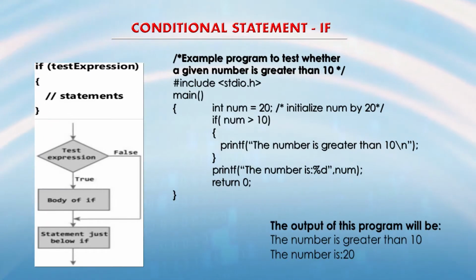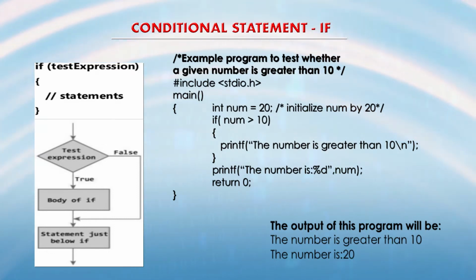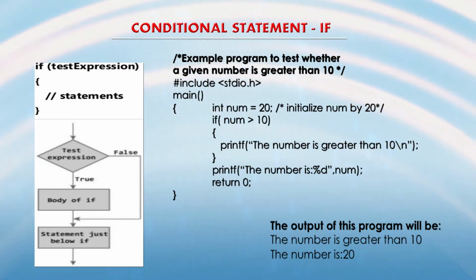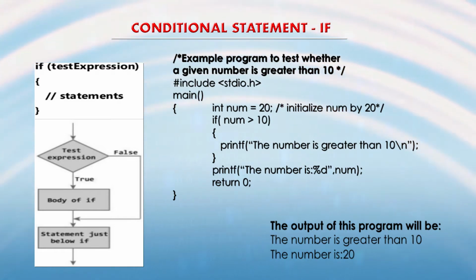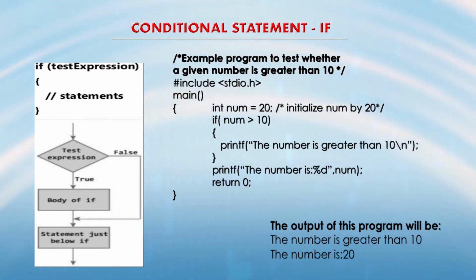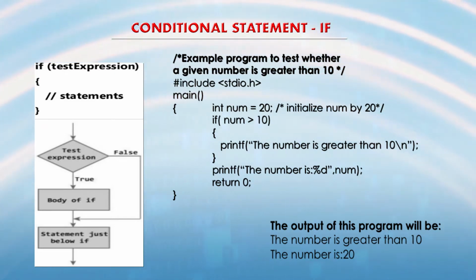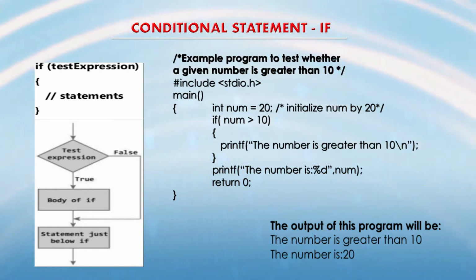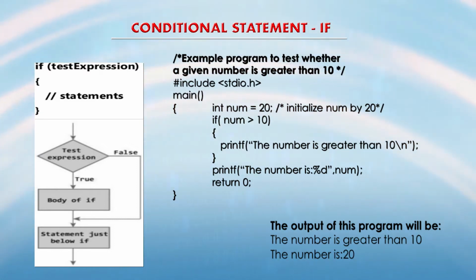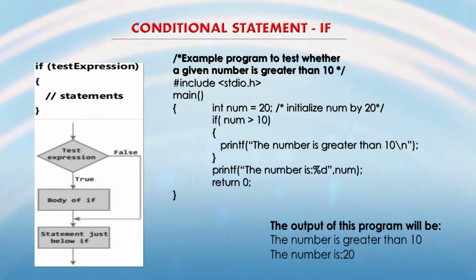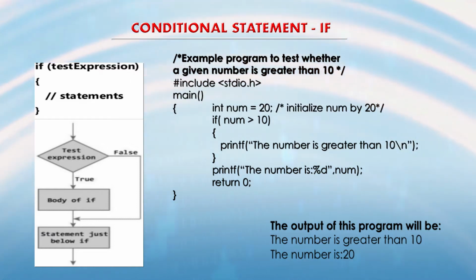To understand this, let us see the program, where an example program to test whether a given number is greater than 10 or not is written. Now, #include <stdio.h>. We are including stdio.h, a standard header file for input and output, and we are using the main function to write the body of the program.